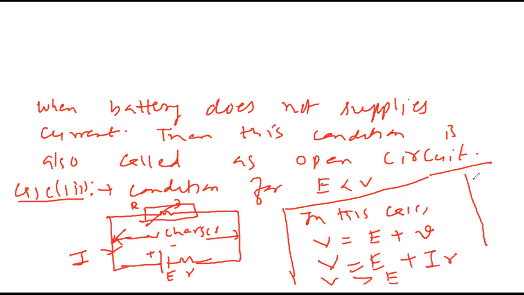Yes, sir. That means E is less than V. So when the battery is supplying, then E is greater; when the battery is taking, then E is less; neither giving nor taking, both are same. Copy, draw the diagram and write the third case.